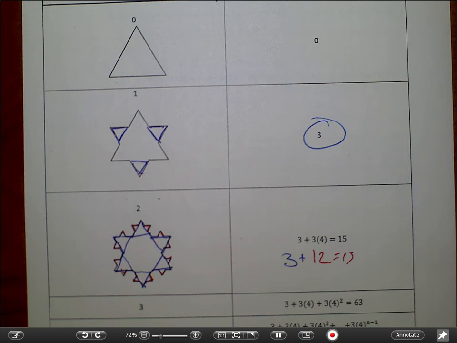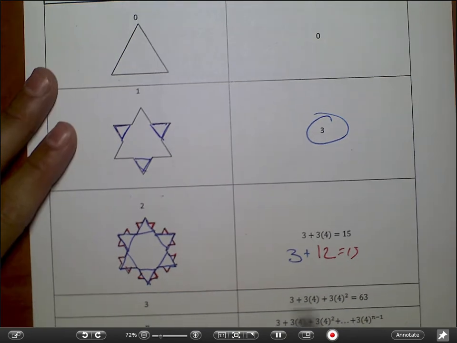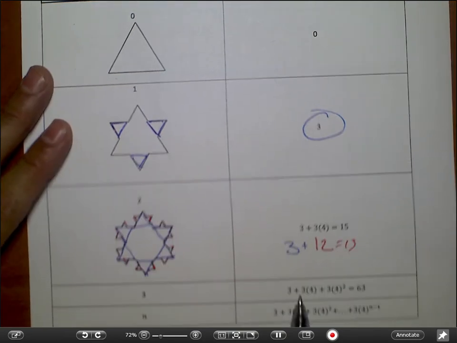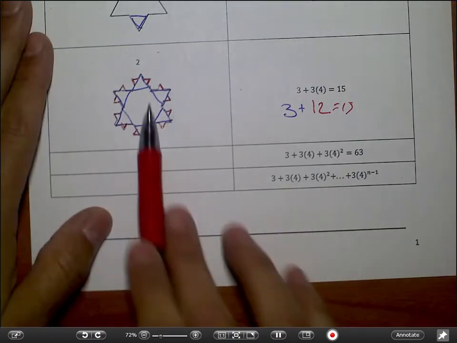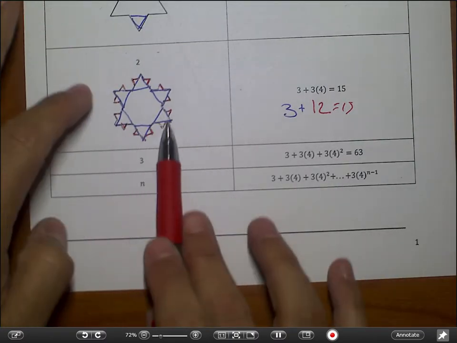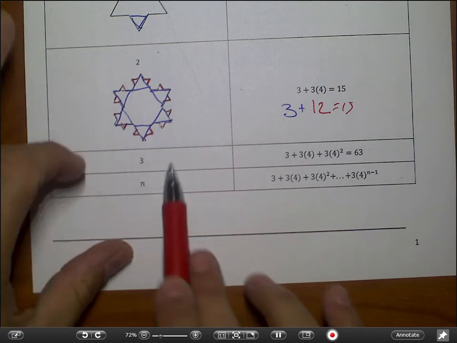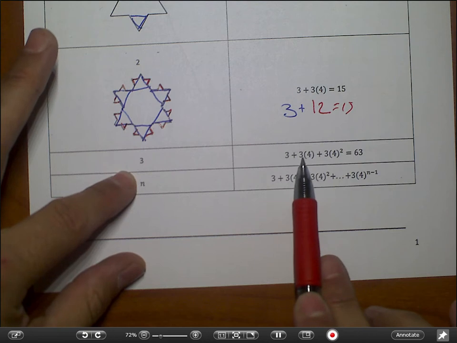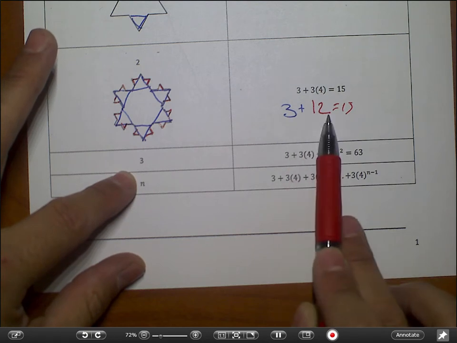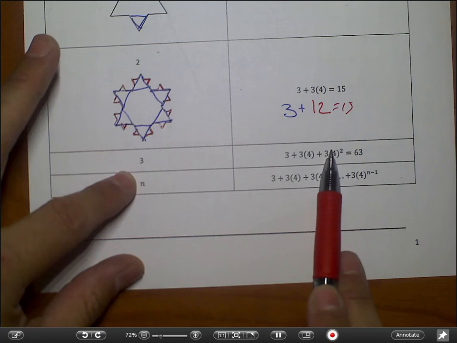So this next one, I would do the same thing. So my pattern goes as such. I'm not going to draw this one because it'd be super tiny. The third iteration would be 3 plus 3 times 4, plus 3 times 4 squared.